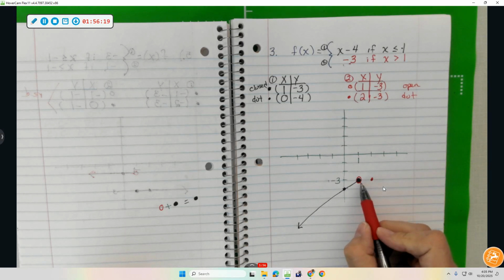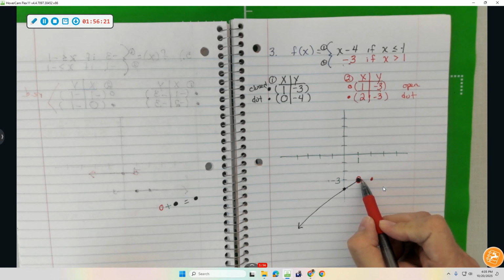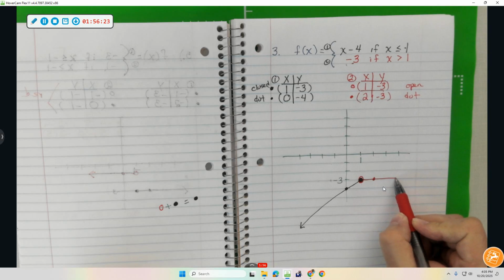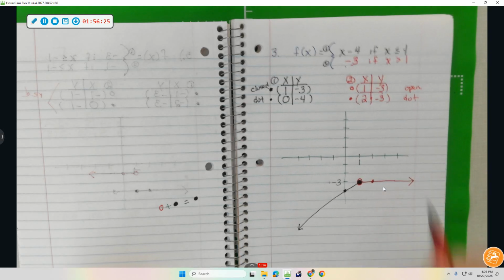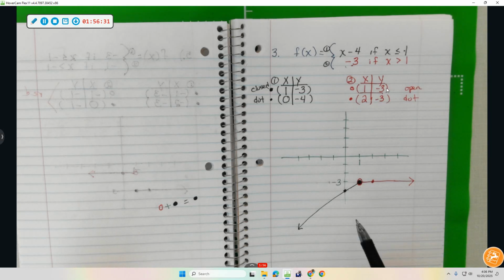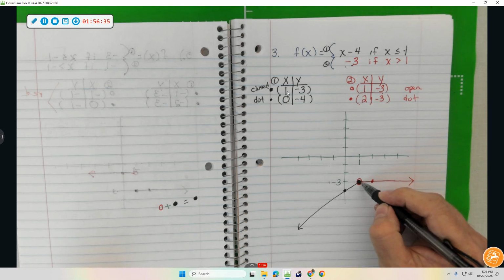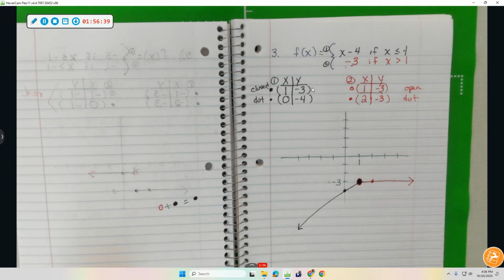I start at the cut point and go like that. Once again, that open circle is saying that point isn't on the graph, but yes, it is, because of the first piece. That's why, if you have an open and a closed circle at the same spot, your graph has a regular closed dot. Any questions there?